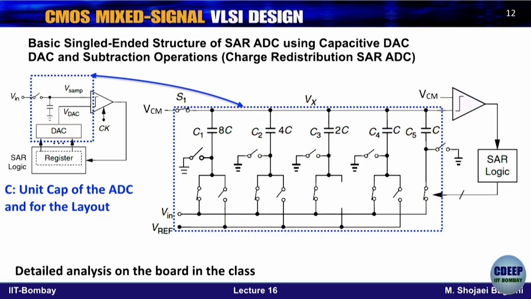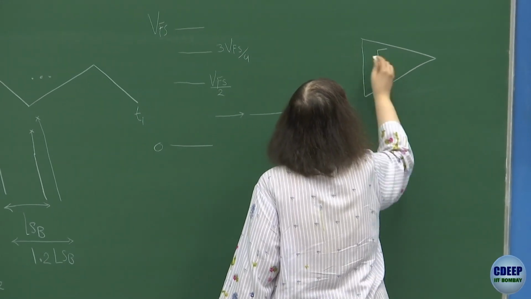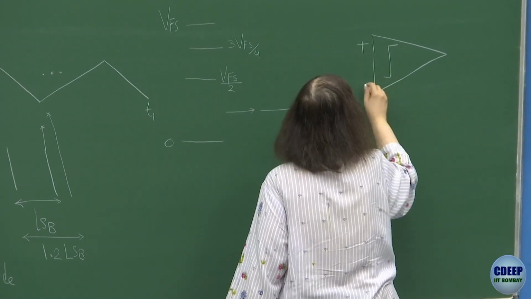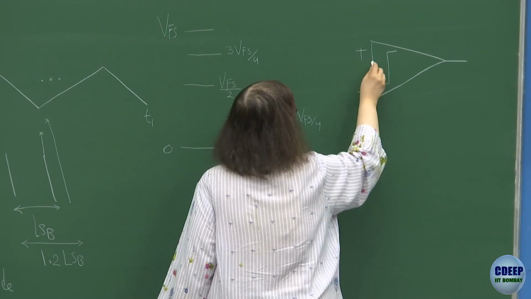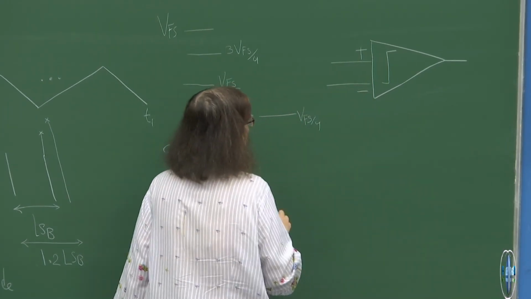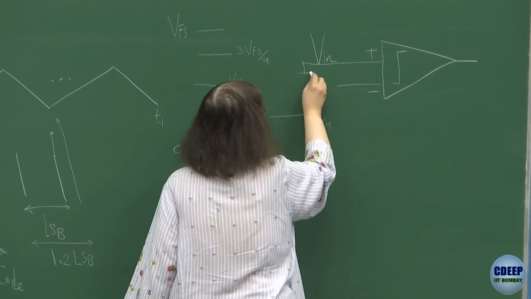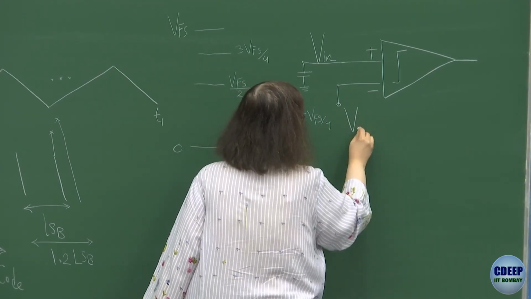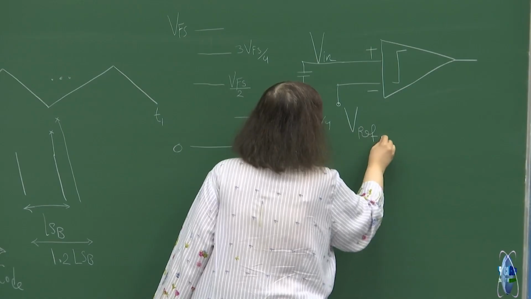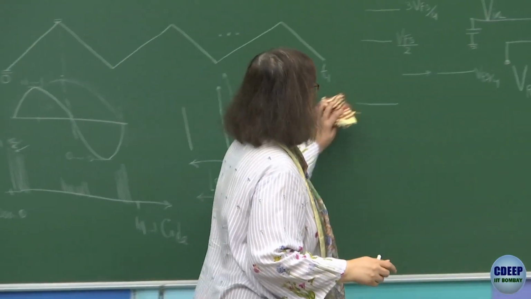So the whole idea is, if you have a comparator and we want to compare Vin, which is stored on a capacitor, fixed, with some series of Vref_i values, and Vref_i is generated by a capacitive DAC.